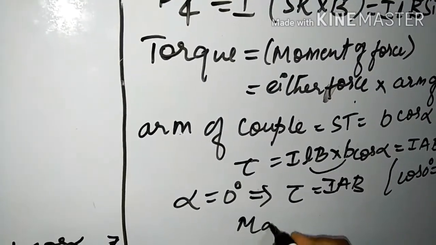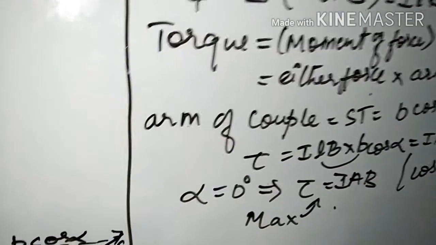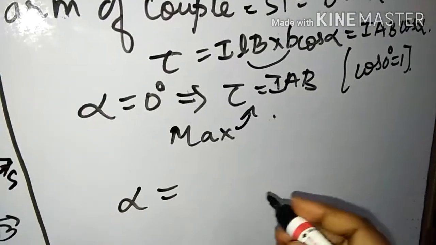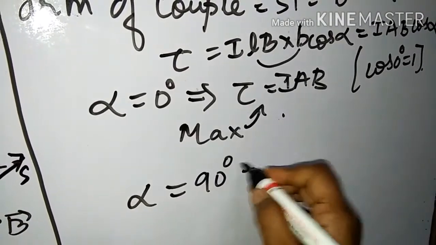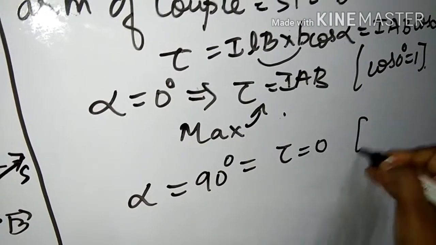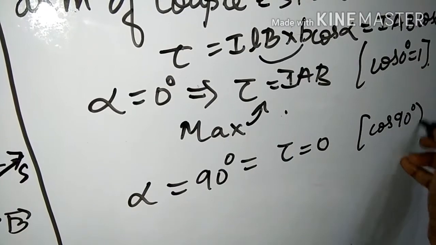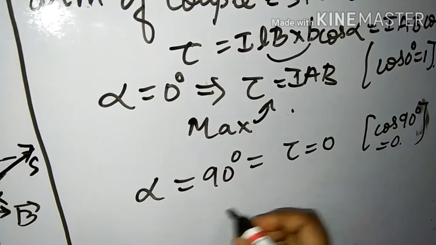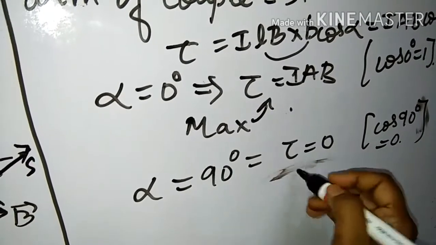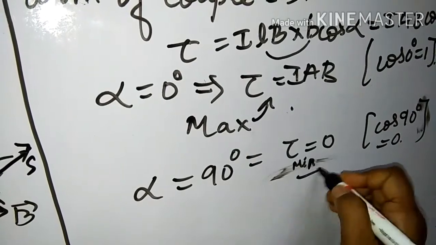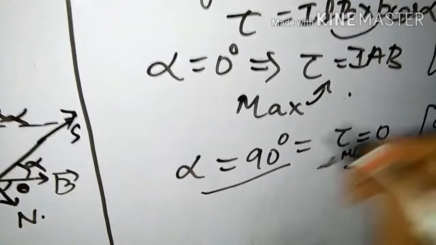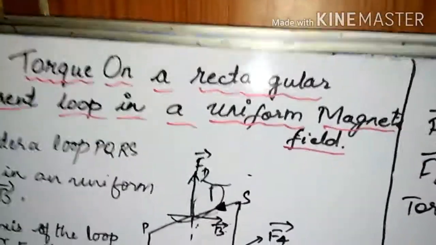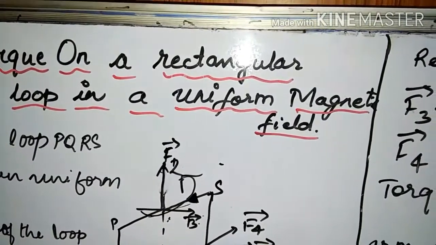This is the maximum value. If alpha equals 90 degree, then torque is equal to 0, since cos 90 degree equals 0. So torque is minimum when alpha equals 90 degree. This is the torque on a rectangular current loop in a uniform magnetic field.